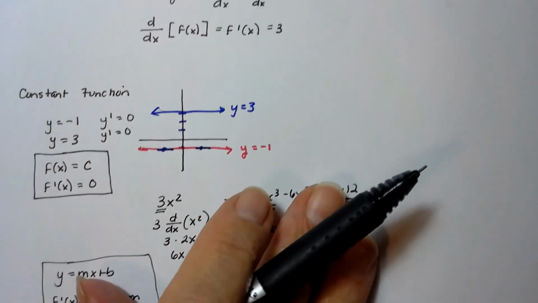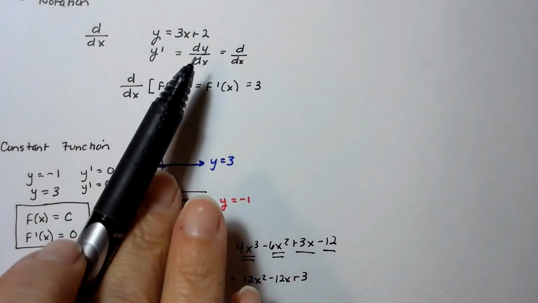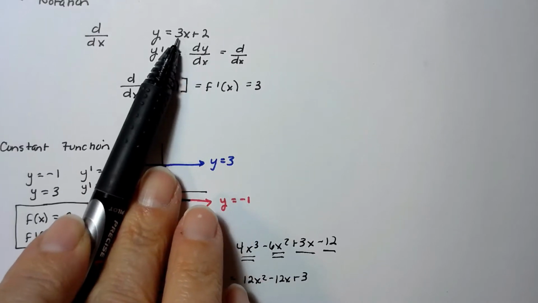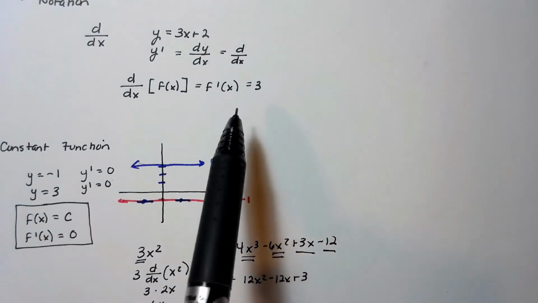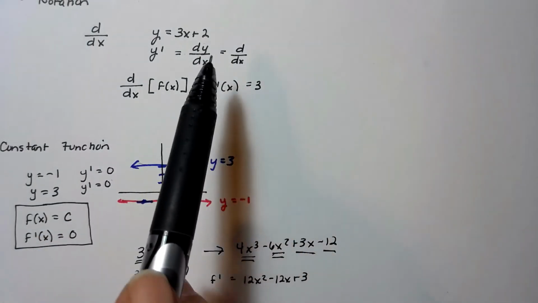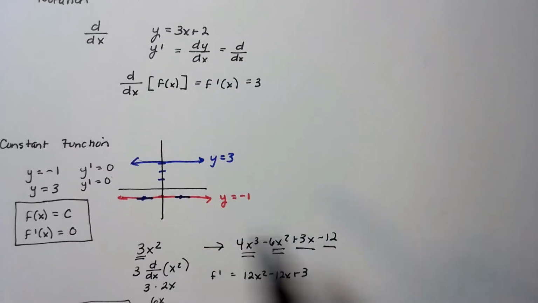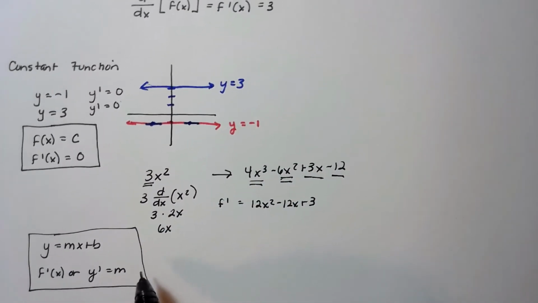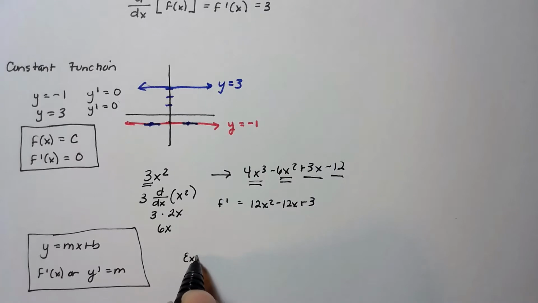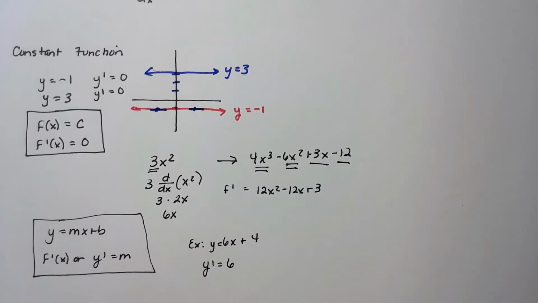So that's why this little function up here, 3x plus 2, that's a linear function. That's of the form mx plus b. That's why the slope would be 3, because the slope of this function is the derivative. I don't know, here's another example. So 6x plus 4, y equals. So y prime would just be 6. It's the slope of the linear function. That's your derivative.